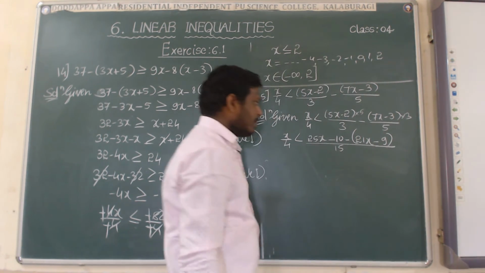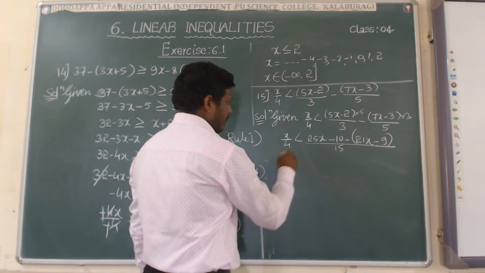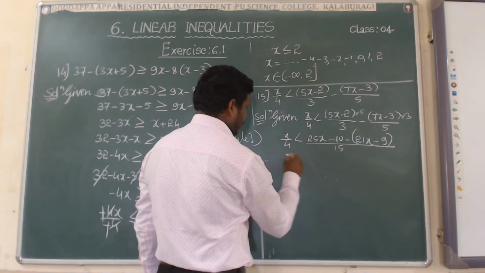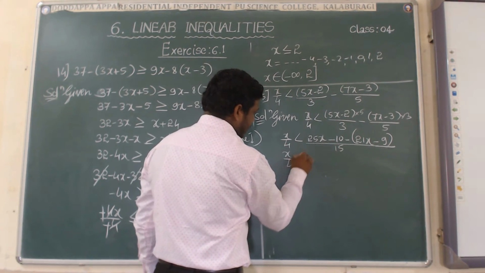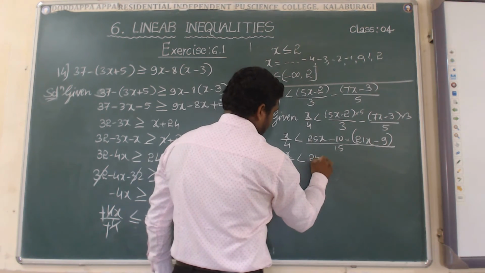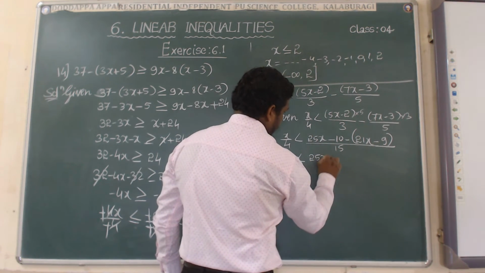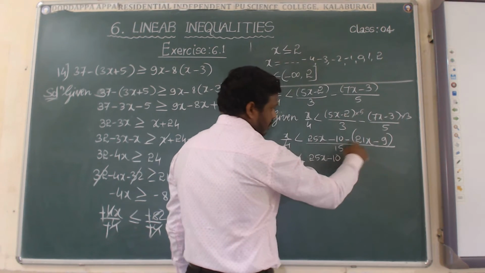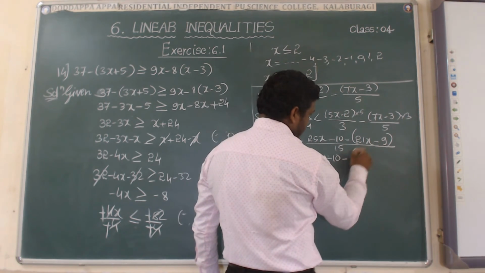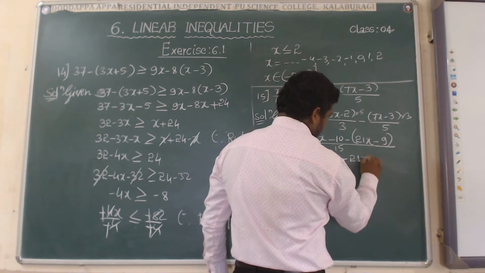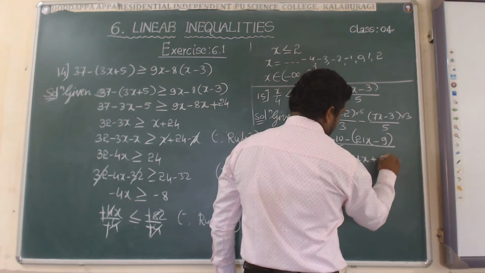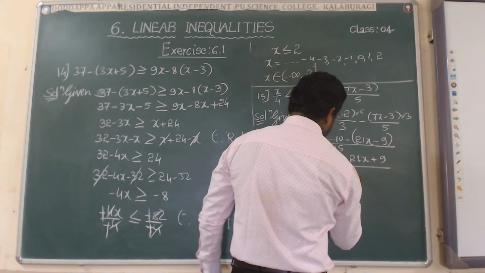Okay, so simplify the numerator on the RHS side: x by 4 is less than 25x minus 10, minus 21x plus 9, upon 15.